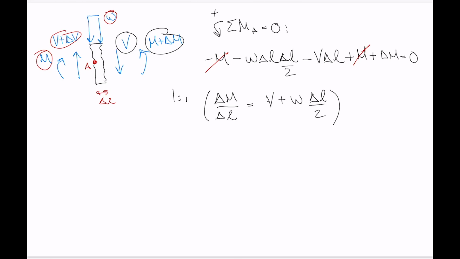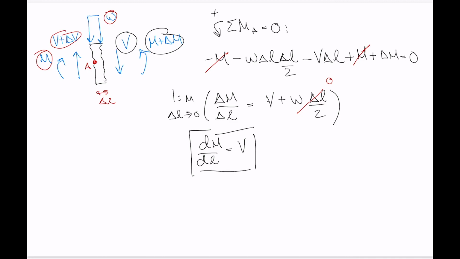And then we'll do the same thing: the limit as delta L goes to 0. And as delta L goes to 0, that w delta L term here is going to go to 0. So what we're left with is dM/dL equals V. So what does that say?